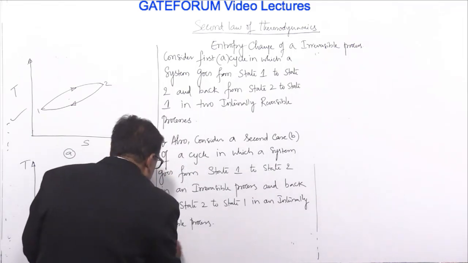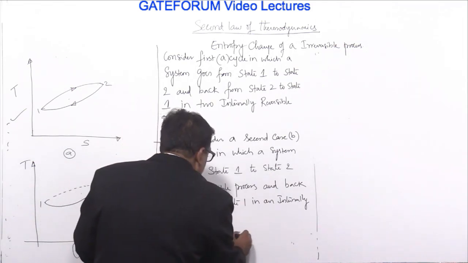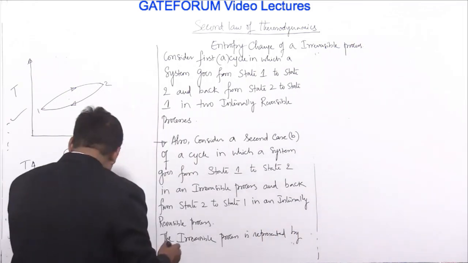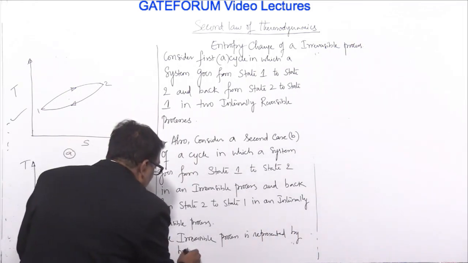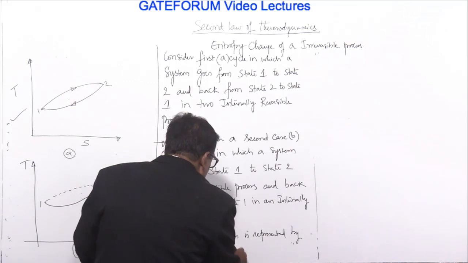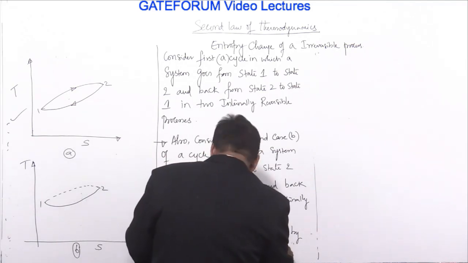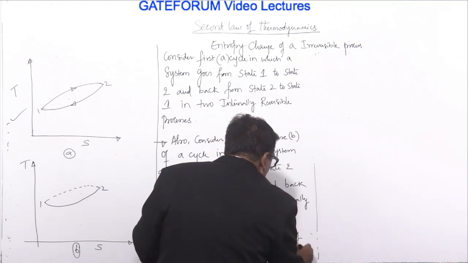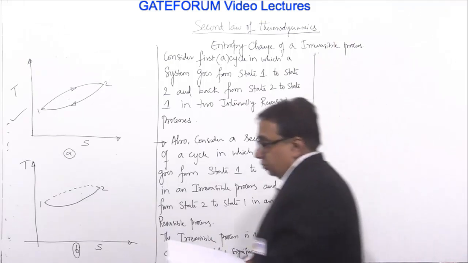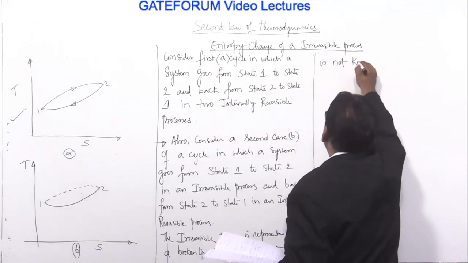The irreversible process is represented by a broken line, which signifies that the path 1 to 2 is not known.